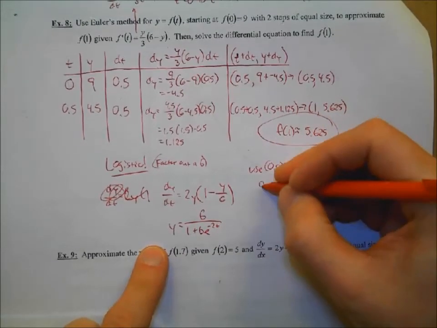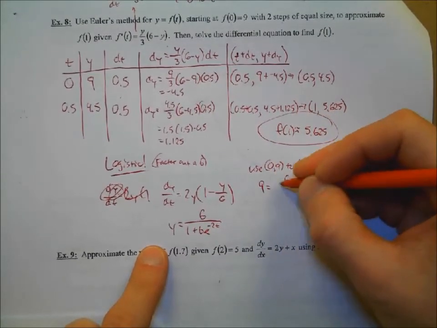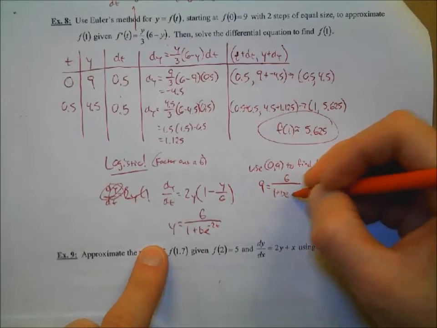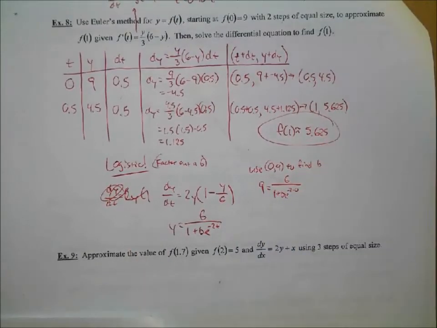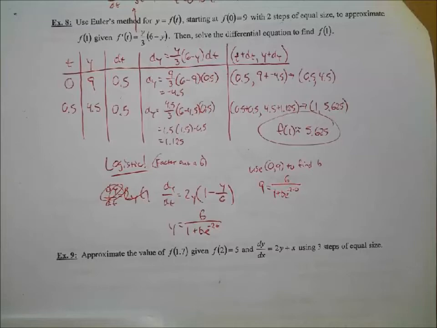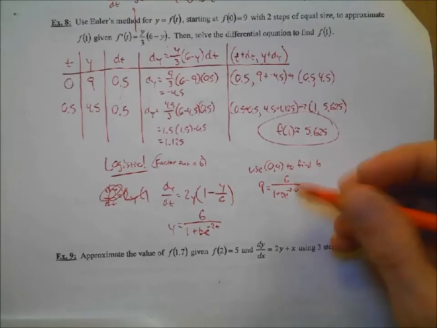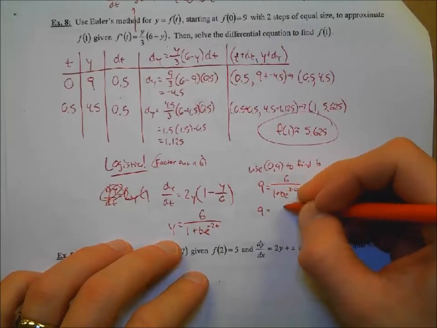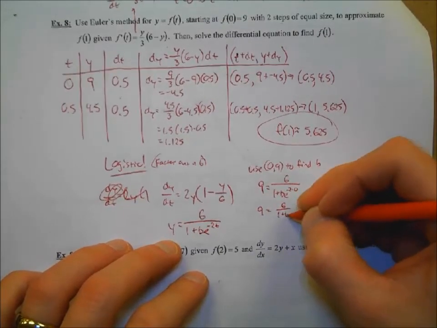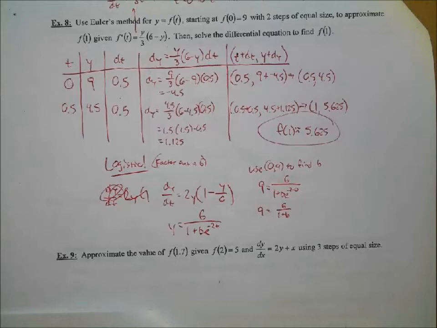So we have 9 equals 6 over 1 plus b e to the negative 2 times 0. Okay. Negative 2 times 0 is 0. e to the 0 is 1. So we have 6 over 1 plus b. Okay.